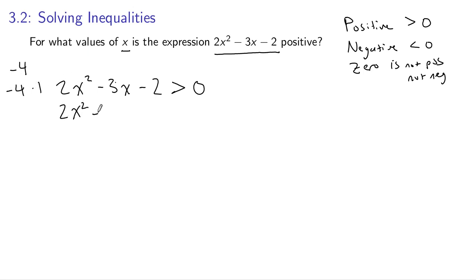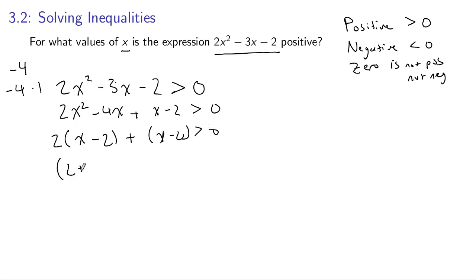So let's split the middle into negative 4x and x. Factoring this, we have 2x minus 2 plus x minus 2 is greater than 0. Took out a 2x in common here: 2x plus 1, because there's only a 1 here, times x minus 2 is greater than 0.